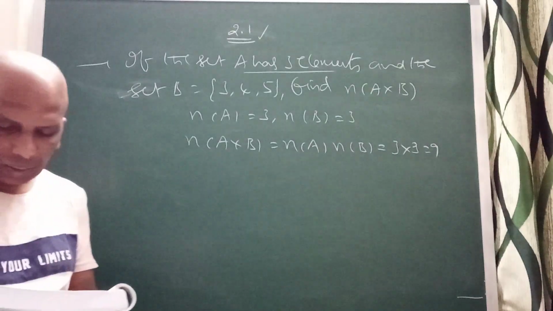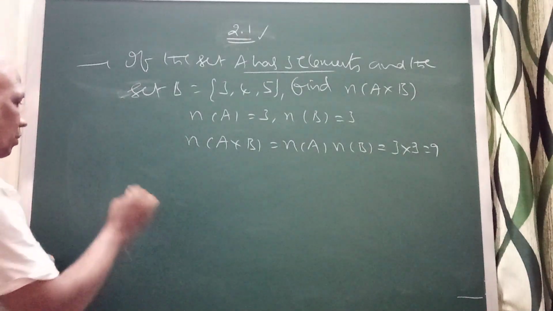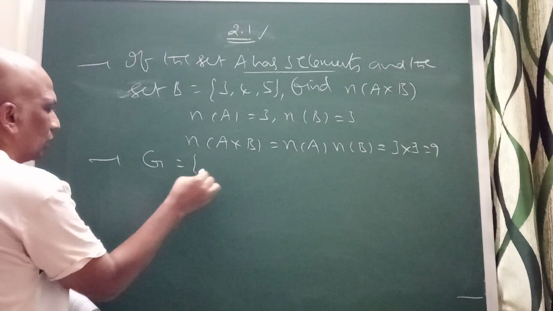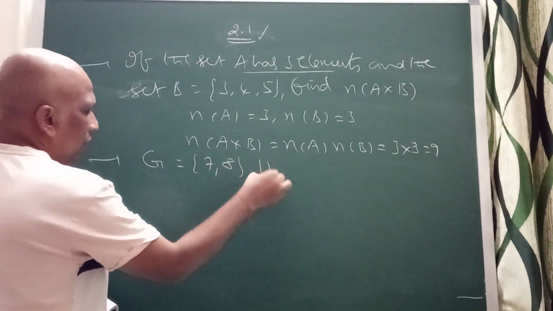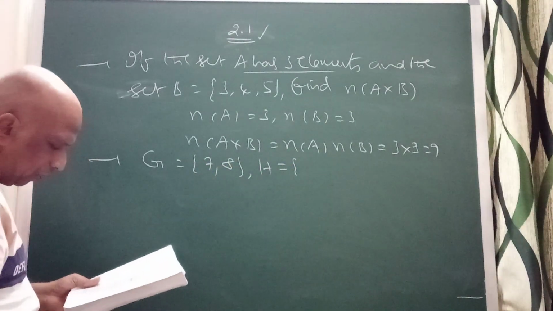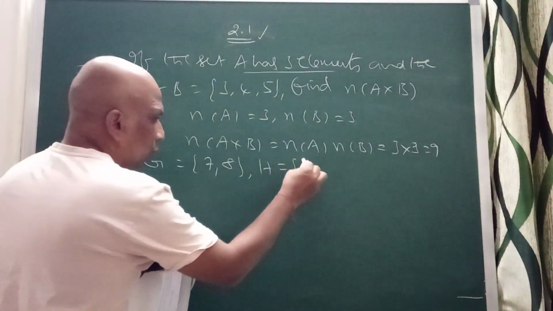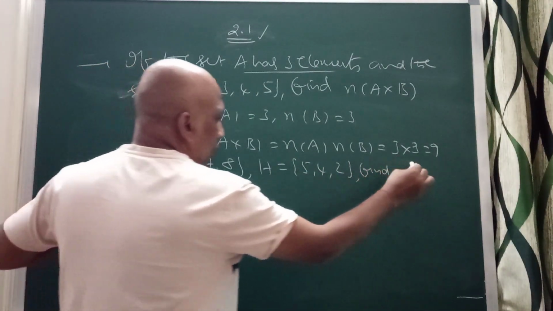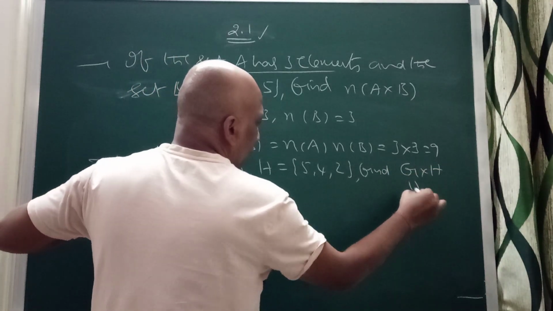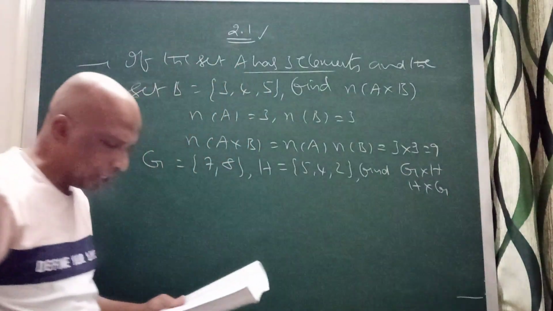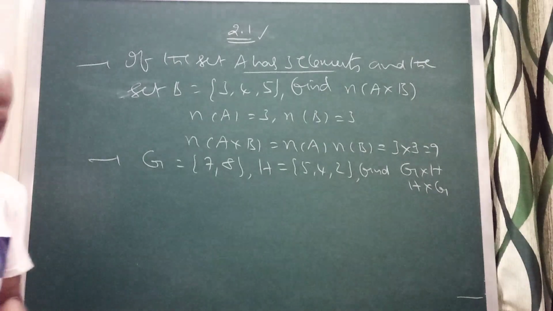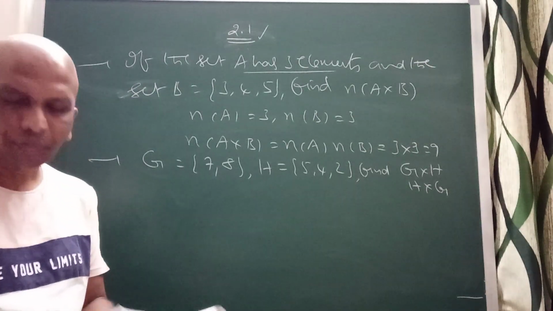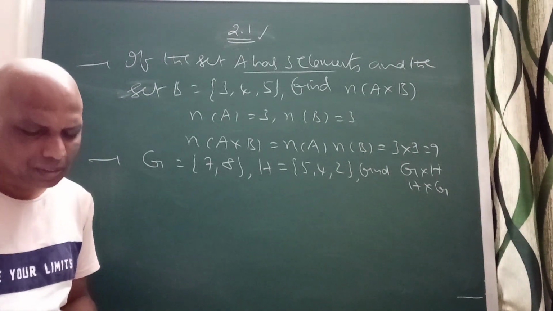See the next one. If G is equal to the set {7, 8} and H is equal to the set {5, 4, 2}, find G cross H and H cross G. They are asking for the Cartesian product of these two. It is very simple to write.